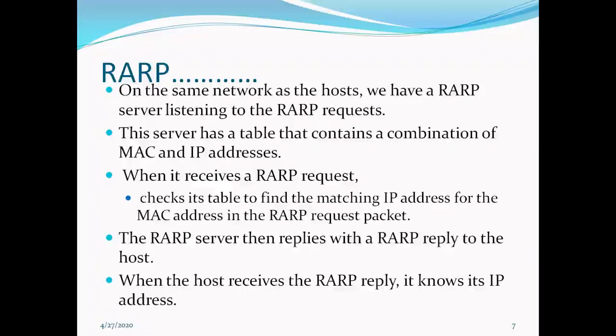It will try to find the matching MAC address and IP address. Once it is identified, the RARP server then replies with an RARP reply to the host. When the host receives this RARP reply, it will come to know its own IP address.